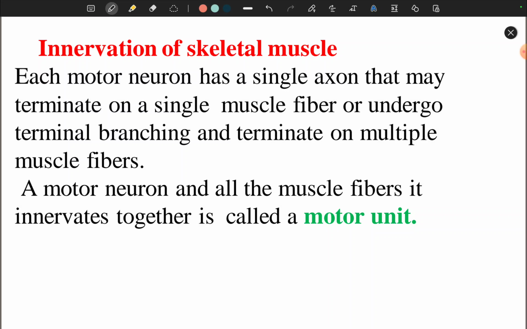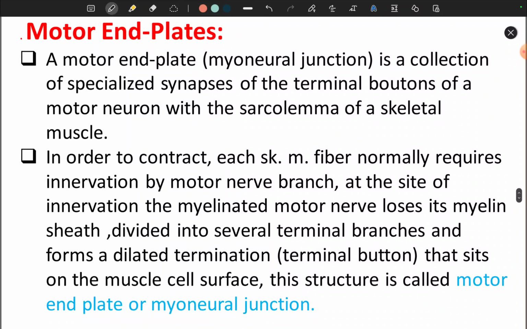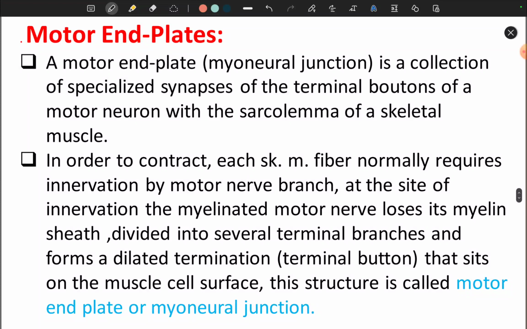Motor end plate. It means the junction between the end of the motor neuron and each single muscle fiber. The motor end plate has another name, myoneural junction. It means the junction between the muscle and the nerve.